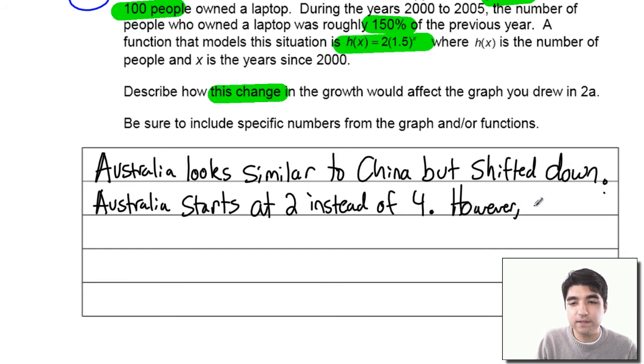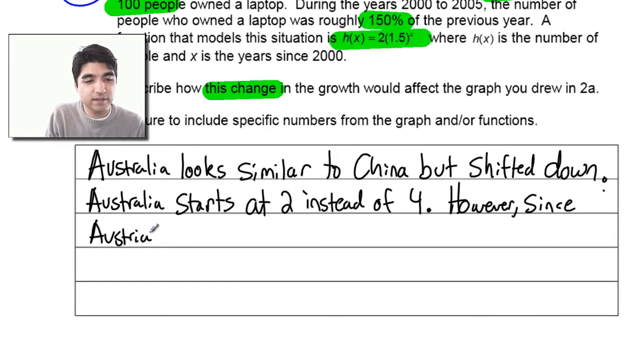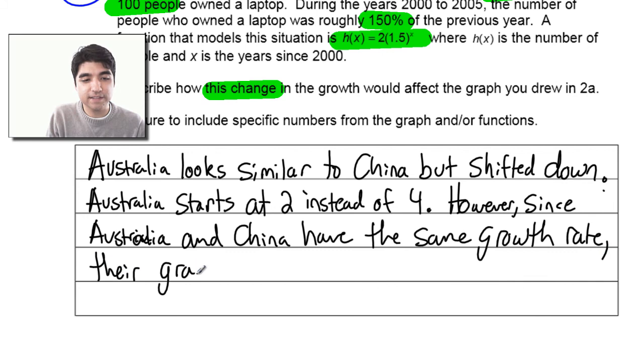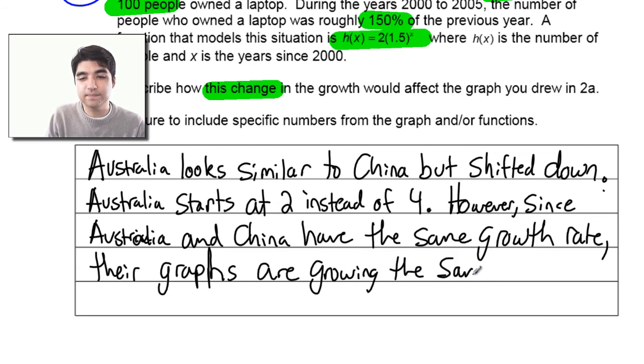However, since Australia and China have the same growth rate, their graphs are growing the same amount.